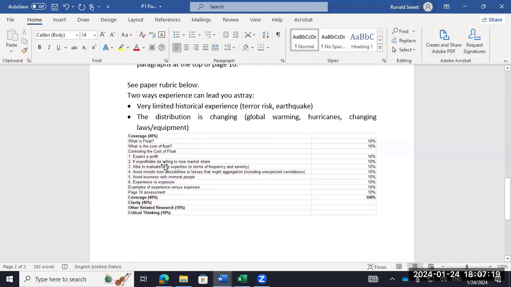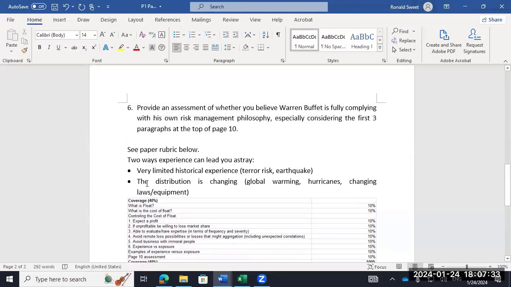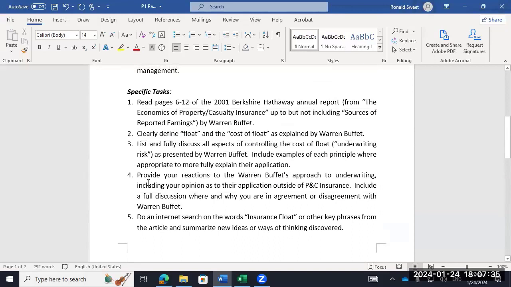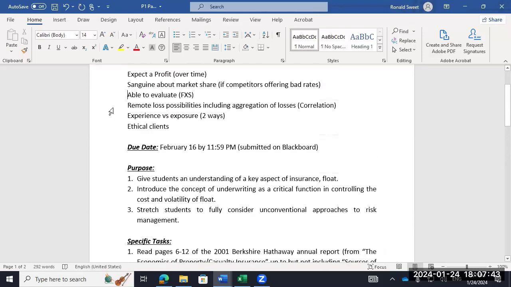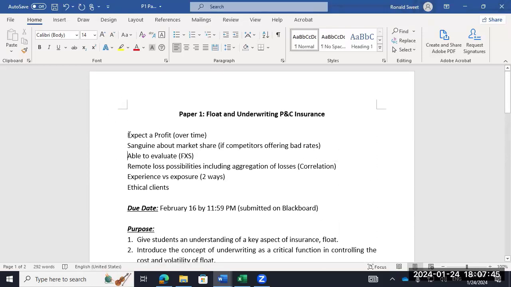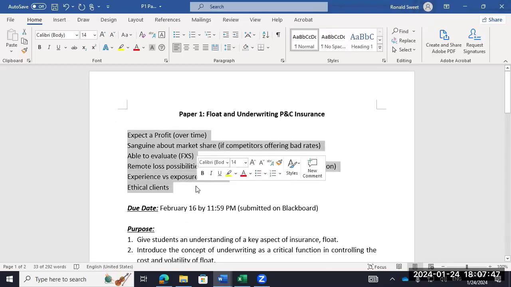Expected profit, be willing to lose market share, be able to evaluate frequency and severity, remote loss possibilities, and then aggregation where you get the unexpected correlations, avoid business with unethical, and then experience versus exposure. All right. So, Gracie, anybody get 4 out of them? How many did you get? About the same. All right. That's good. I'm impressed. Since I didn't tell y'all we're going to do this, that was good.